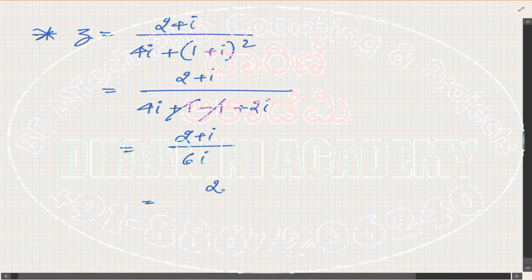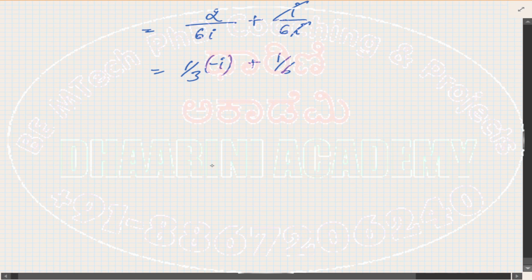This is 2 by 6i plus i by 6i. You see, i cancels. 2 by 6 is 1 by 3, and there is a 1 by i. 1 by i is minus i, we already know that. And in the other term, i cancels out, I just have 1 by 6. So our term is 1 by 6 minus i into 1 by 3. This is the given Z.